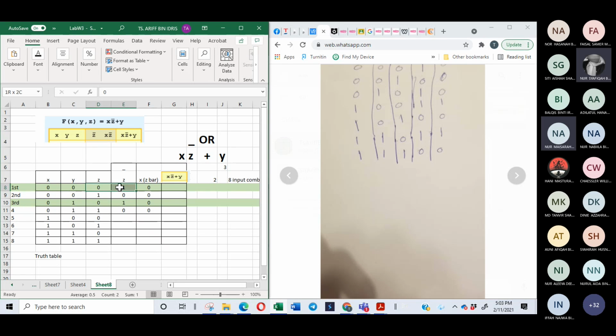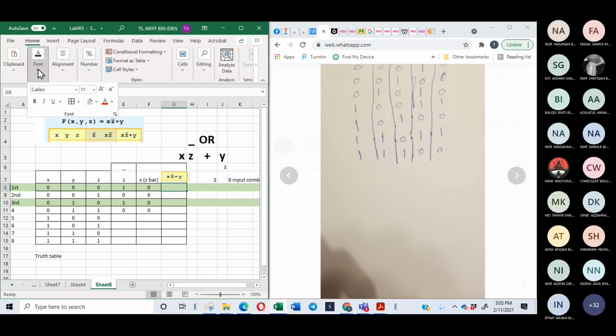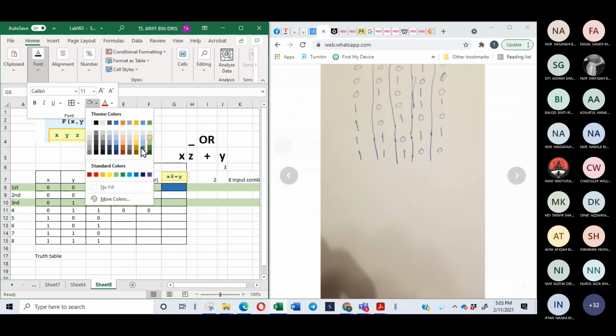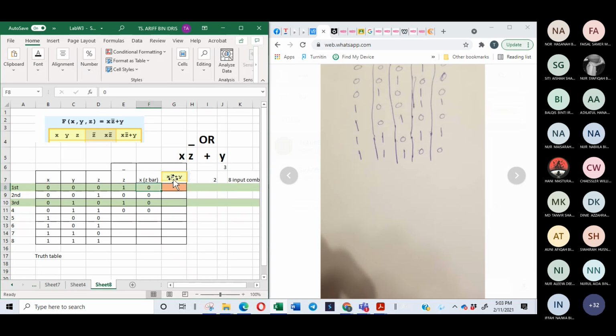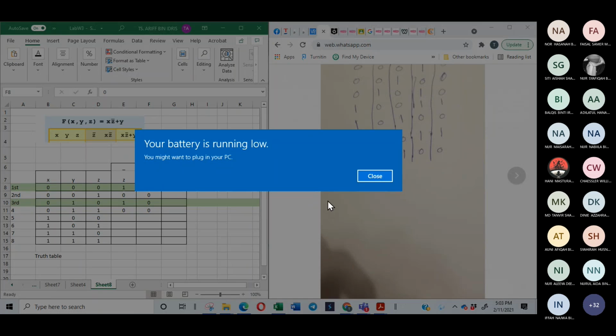Yes. I use a different color for this one. In order to get this one, you need to OR.